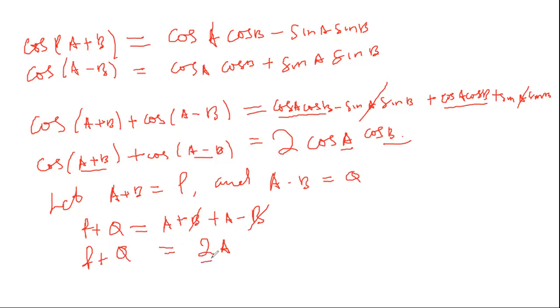So to remain with A, we divide by 2 both sides, such that A is equal to (P plus Q) divided by 2.